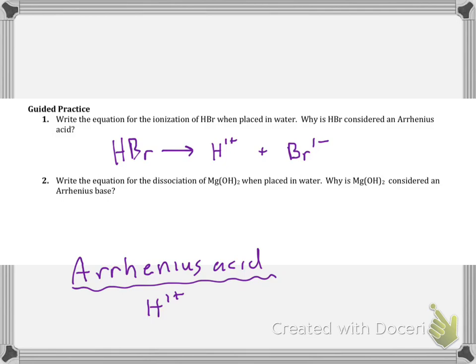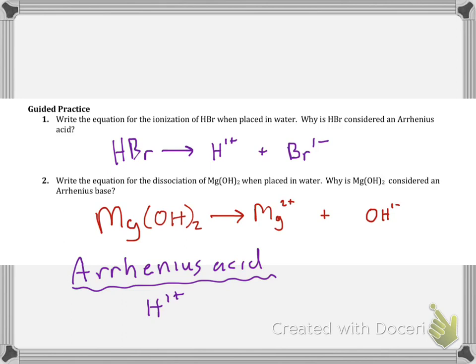So we're starting with magnesium hydroxide, and when it is placed in water, it will dissociate into magnesium ion, which is 2+, and hydroxide ion, which, if you remember, is just OH 1-.